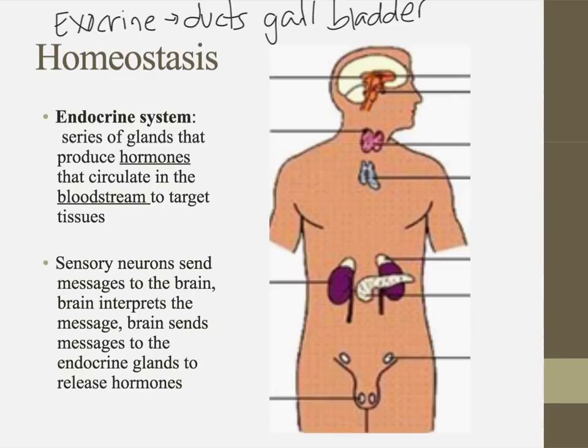So let's go ahead and label some of the endocrine glands in the body. In the center of your brain here, we have a small gland called the pineal gland. Then we have the hypothalamus. Underneath of the hypothalamus is the anterior and posterior lobes of the pituitary.